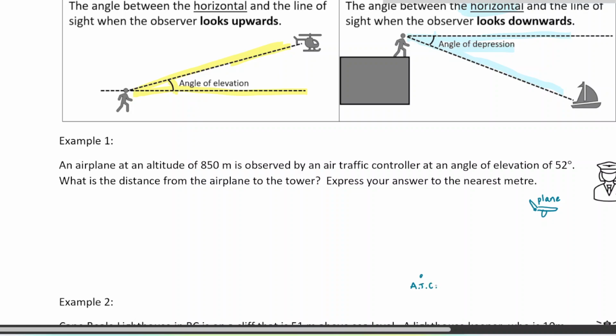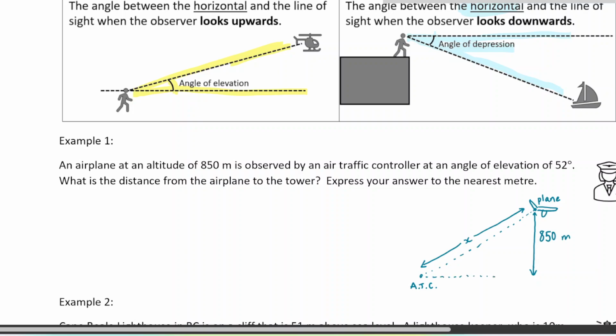Okay, and let's draw a dotted line from the air traffic controller to the plane. That is the distance we want to find, x. We also know the altitude of the plane itself, so altitude means distance above the ground, is given to us. So that would be 850 meters.